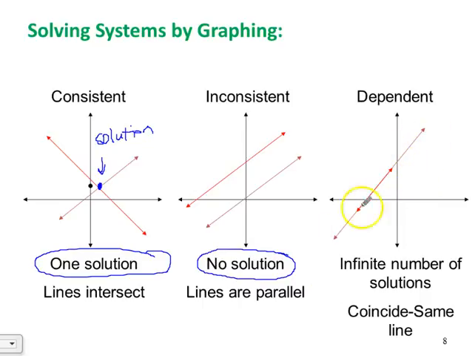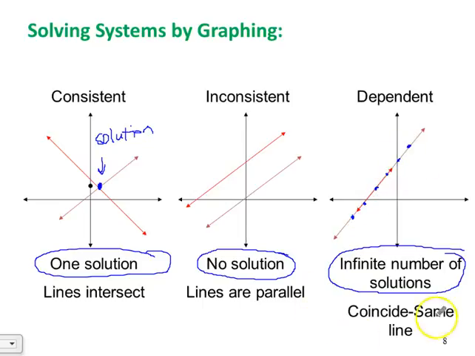Sometimes we find that when we graph our 2 lines, they have the same equation, thus the 2 lines are right on top of each other, they overlap. So when you have 2 lines that are essentially the same line and they overlap, we would have an infinite number of solutions, because really any point on that line can be a solution.